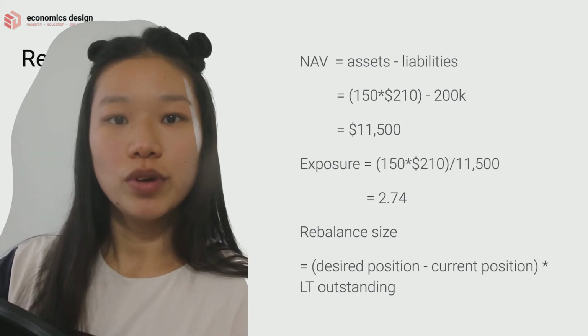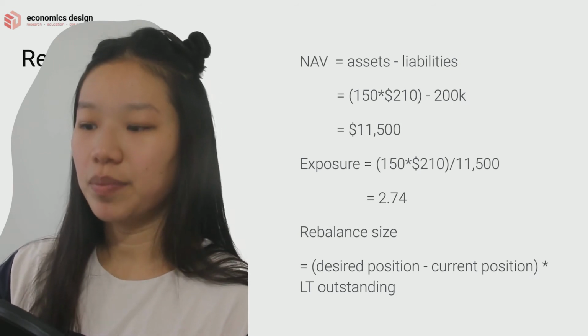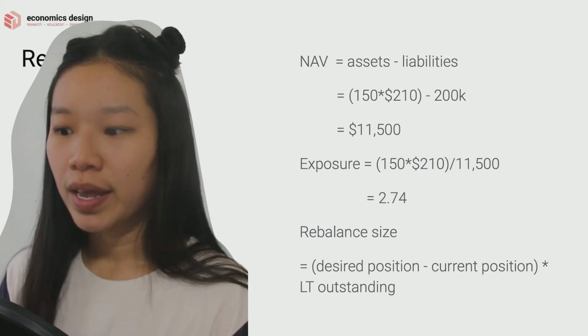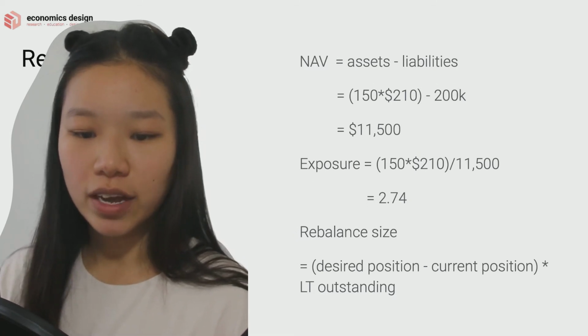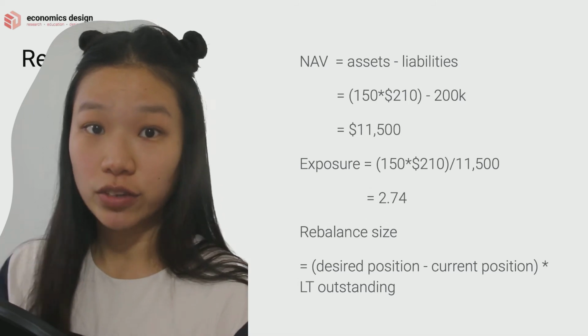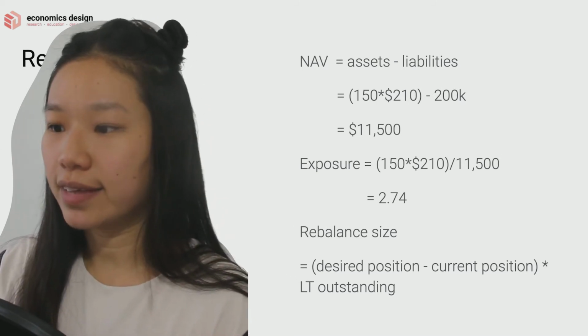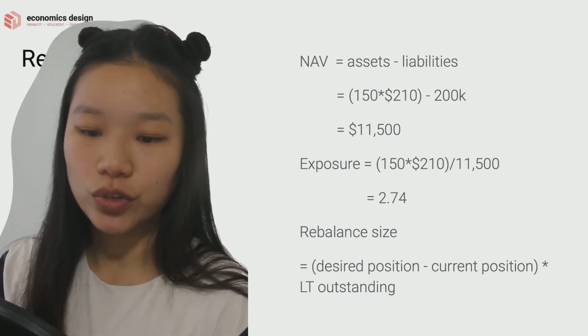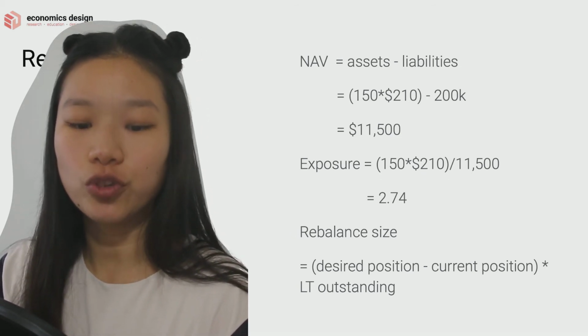So your rebalance size is dependent on the desired position minus the current position times the outstanding leverage tokens available. Your desired position is calculated by 3, which is your ideal leverage, times your net asset value, so 11,500, divided by your current trading price, 210, which is 164.2.